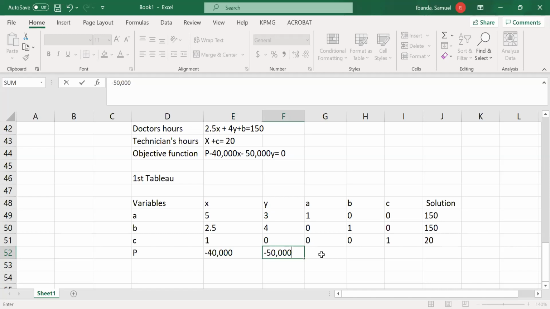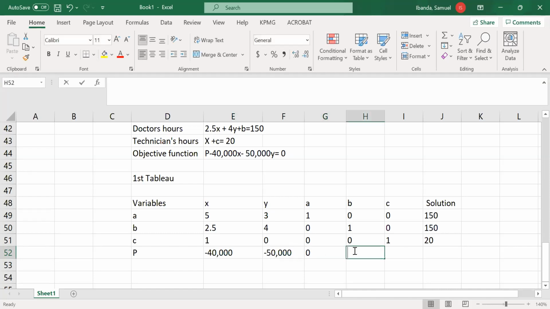And we don't have any A, we don't have any B, we don't have any C, okay? And what do we have in terms of solution for this equation? It is actually a 0. So that is what we have there.